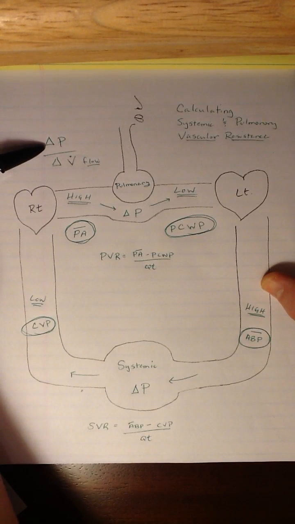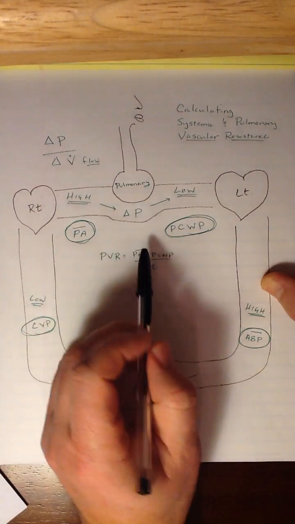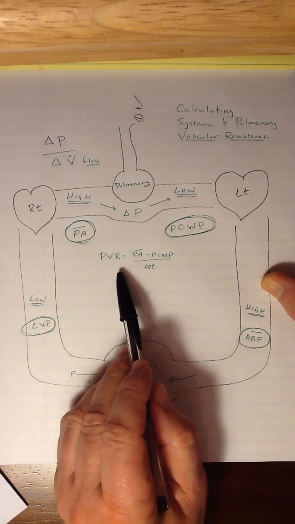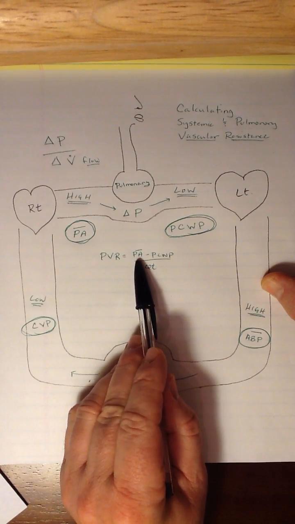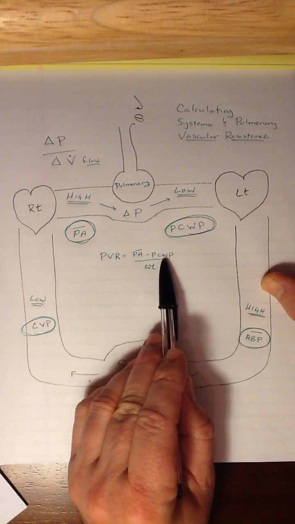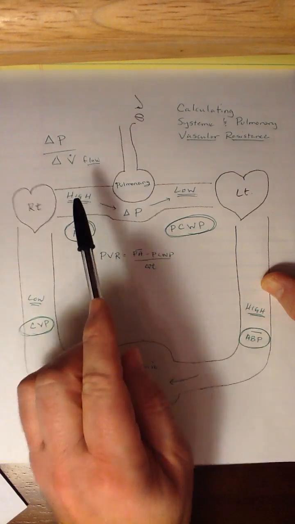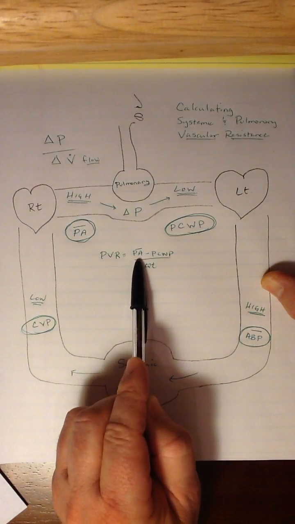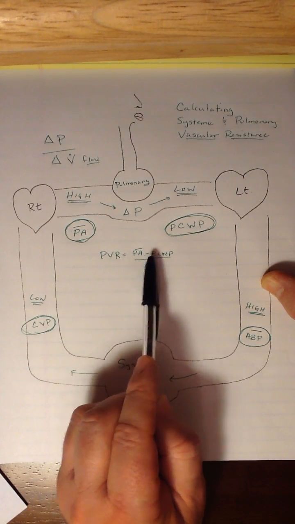So to determine your change in pressure, I have the pulmonary vascular resistance calculation here. We'll take the high pressure and we're going to subtract the low pressure. So your high pressure in this circuit is the pulmonary artery pressure, and we're going to use the mean, which is about 15. Okay, so there's your high pressure.